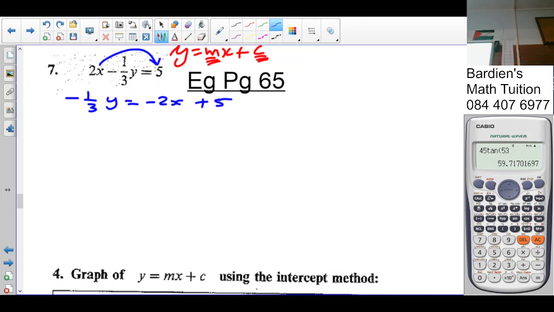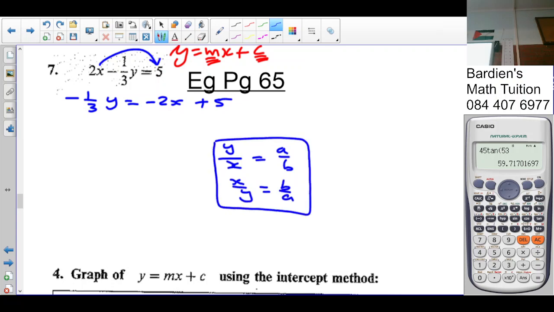The only time you can do a reciprocal is if you've got a fraction on either side of the equal sign, so x over y is equal to b over a. That's swapping it around. You can't swap it around here because there are 2 terms on the right-hand side.